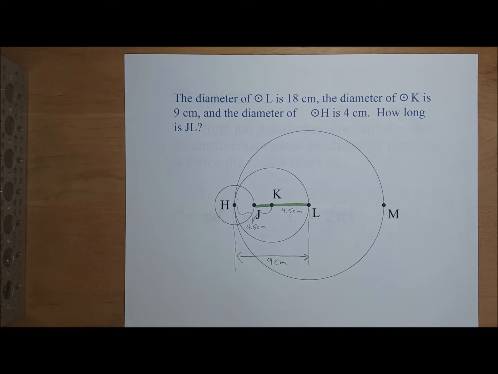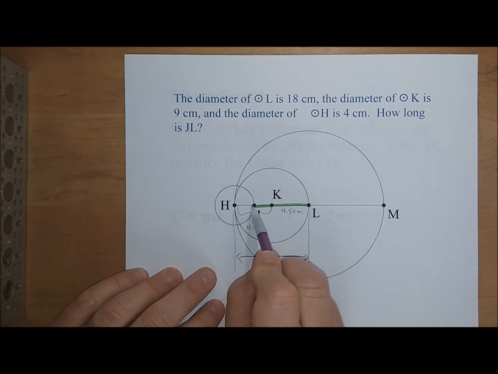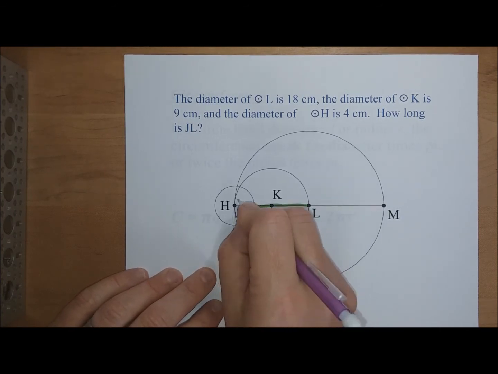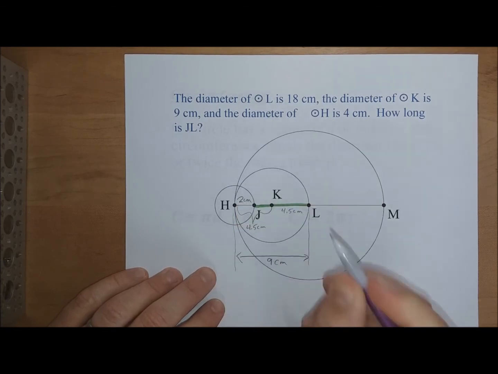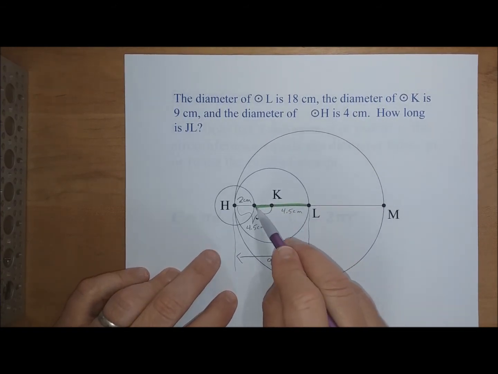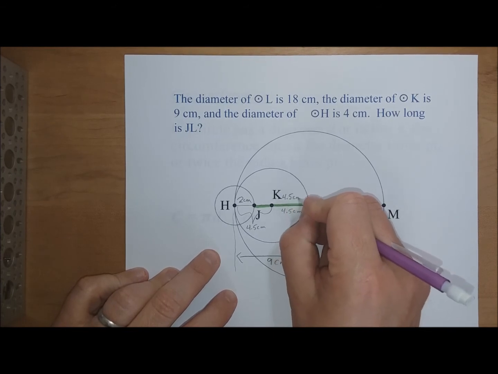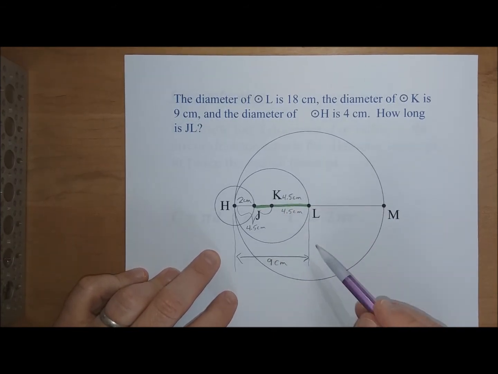And they tell us a little bit about circle H. Diameter is 4 centimeters. That means how long is HJ? That'd be a radius, half of 4 centimeters. This is 2 centimeters. And they want us to find this here. On top of this segment JL, I'm going to write these non-overlapping distances, 4.5 centimeters.